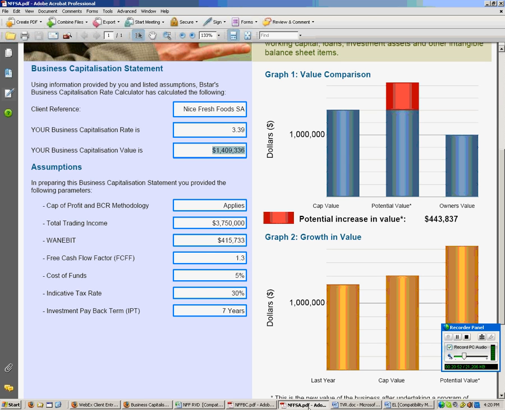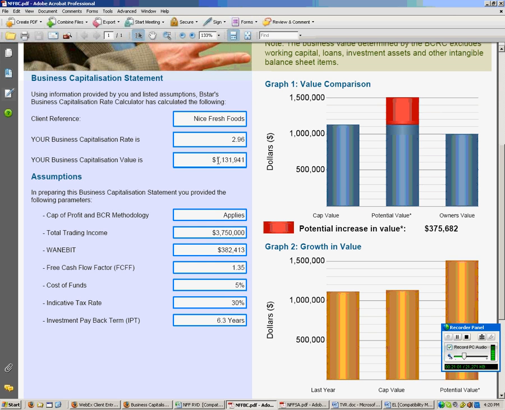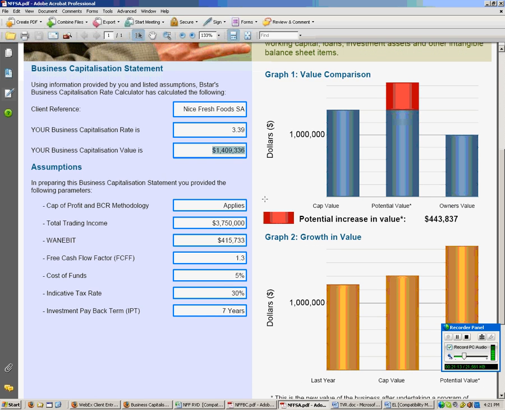A business capitalization rate statement is produced, and as you can see, alliance partners can compare the current value, in this case 1.132 million and 2.96 profit multiple based on those assumptions, to the potential for value improvement. In this case, there's been a dramatic increase and improvement in the profit multiple and value.